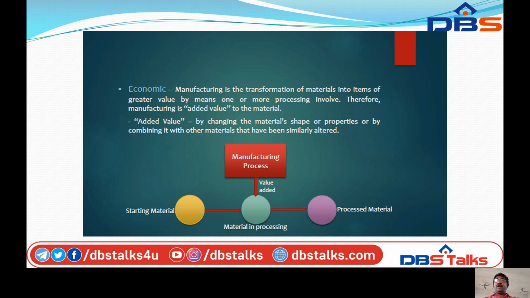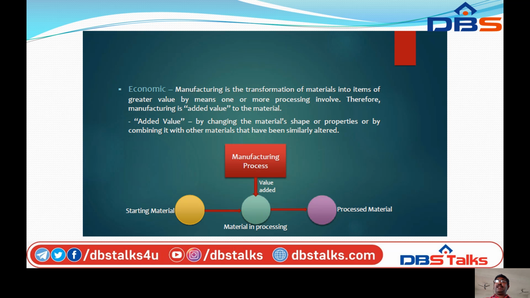Regarding economics, manufacturing is the transformation of materials into items of greater value by means of one or more processing operations. Therefore, manufacturing adds value to the material. So what is added value?